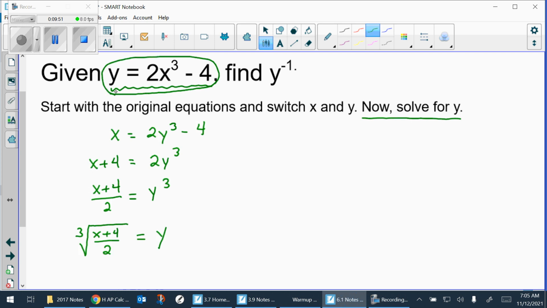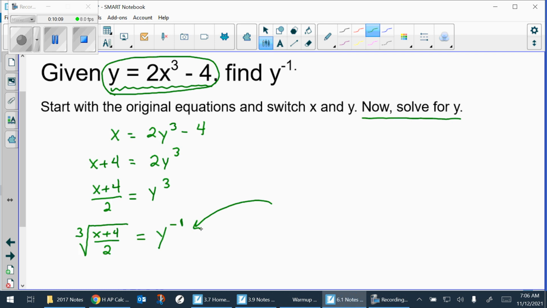And since it's the inverse, instead of calling it y, I think it would make the most sense to call it y inverse. That doesn't mean 1 over y. This means y inverse.